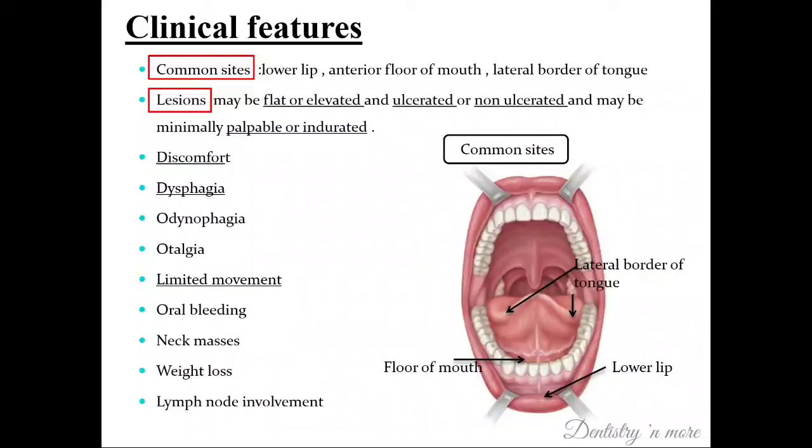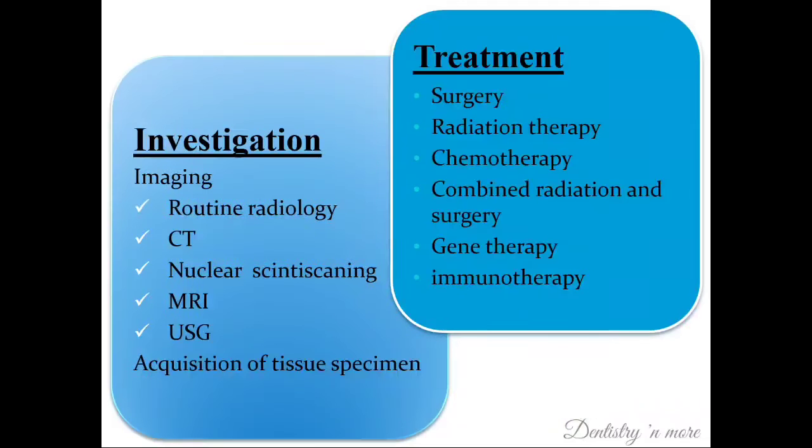Definitely your tongue protrusive and the lateral movements are limited. And then you speak about the oral bleeding, as well as certain masses, especially when you palpate the lymph nodes in the neck. When there is involvement of the lymph nodes, there will be cervical lymphadenopathy seen in such conditions, and also there is weight loss or even fatigue seen in such patients.